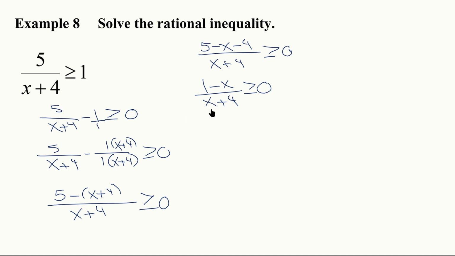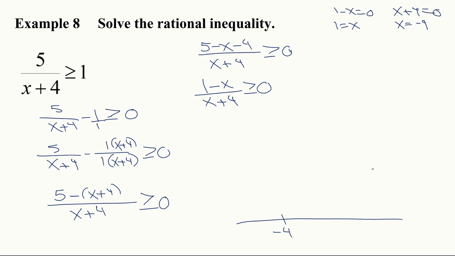All right, so the other region of interest is going to be where the problem becomes undefined, which is where the denominator is 0. So solve each of those, put 1 minus x equal to 0 and x plus 4 equal to 0. So you get 1 equals x and you get x equals negative 4. So those are going to be our numbers of interest.